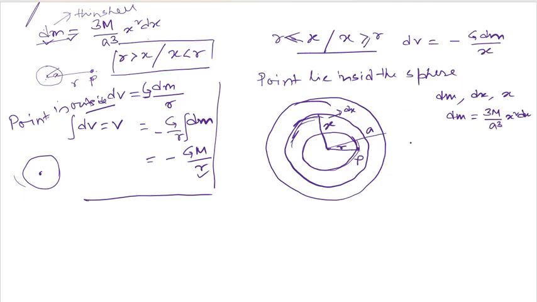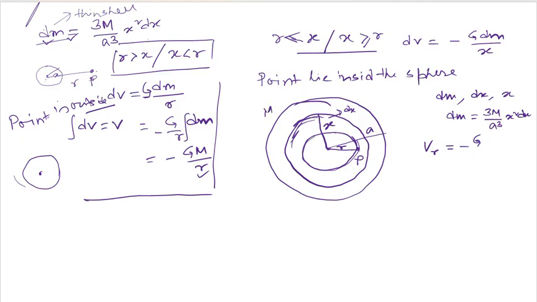So what is the gravitational potential for this case? For that, I am representing it as V(r), which, due to the radius r, is nothing but minus G. Here I cannot take M as the whole sphere mass, correct?